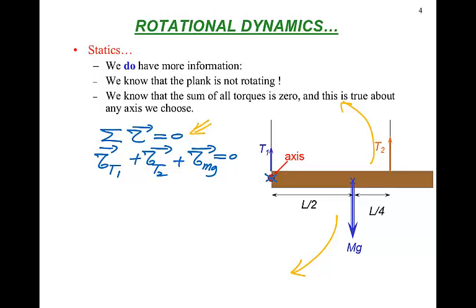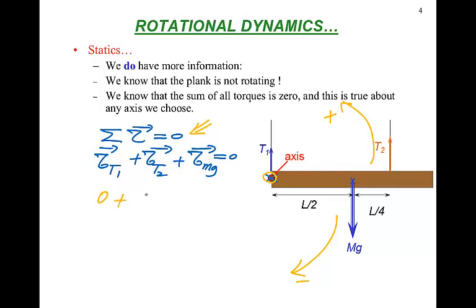In my case, you're going to find me for the most part choosing counterclockwise to be positive and clockwise to be negative. Therefore, T1, since it's acting right where the axis of rotation is, the lever arm is going to be 0, therefore the torque is going to be 0 also. T2 is trying to turn counterclockwise, positive.